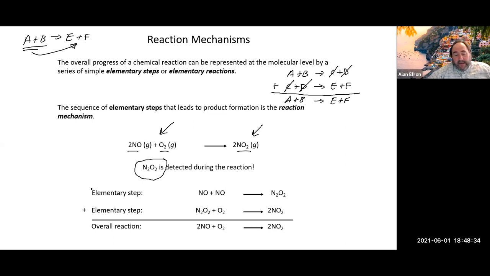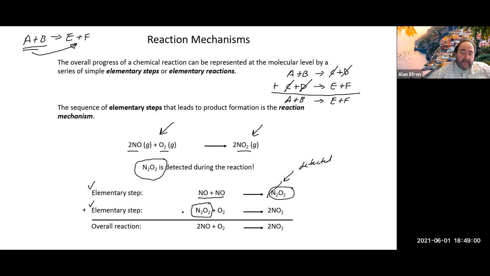So a proposed mechanism for this one involves a couple of elementary steps. Maybe in the first step, a couple of NOs come together to form that N2O2, which is why it could be detected during the process. But then almost immediately, that N2O2 goes through a reaction, gets used up, and forms our NO2.